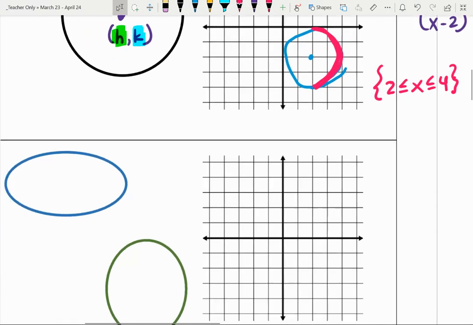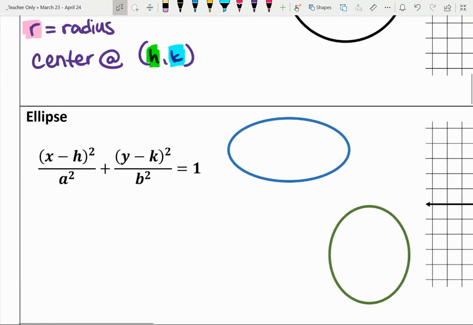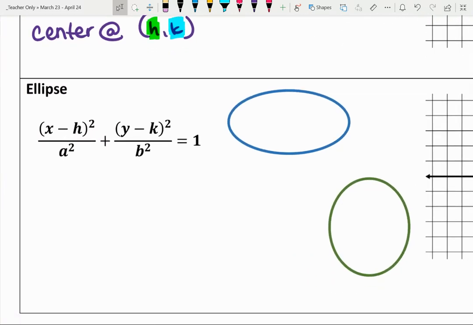So one more shape we're going to look at is an ellipse. While a circle has a constant distance from a center point, an ellipse does not. It's very interesting, and I'm excited for you for pre-calculus. It actually has a constant sum of distances from two points.